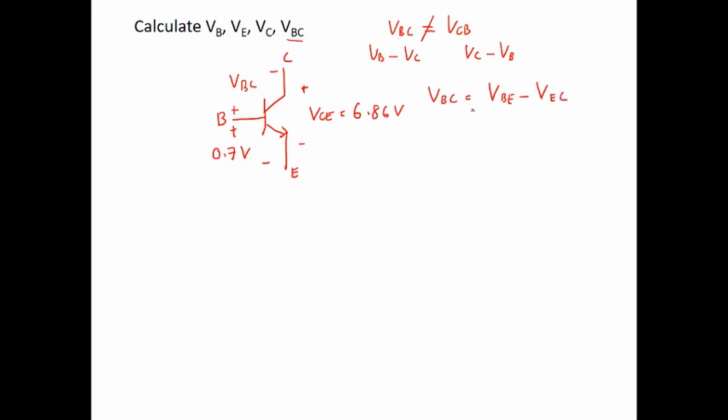VBE is 0.7 and VEC is minus VCE. So this is 0.7 plus VCE, which is 6.86. So this is 7.56 volt. This is the answer for VBC.